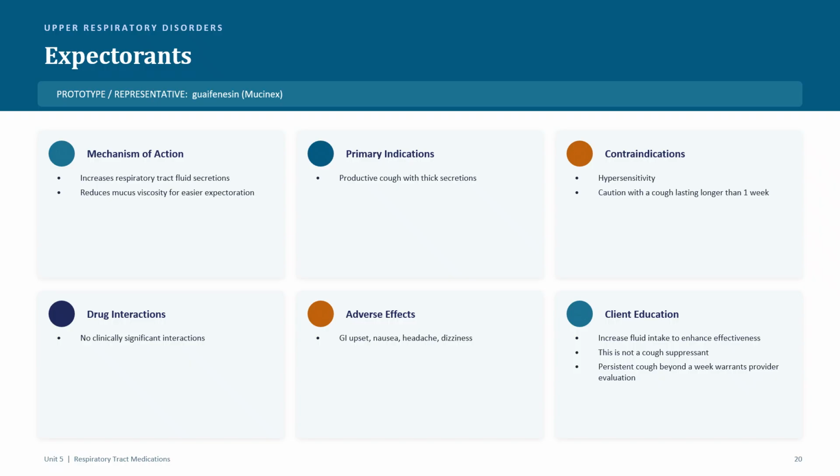And that's why client education is so important here. This is explicitly not a cough suppressant, and giving it alongside an antitussive for the same cough would honestly work against the whole point of thinning the secretions in the first place.